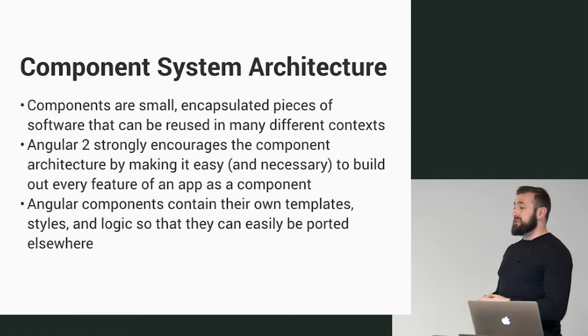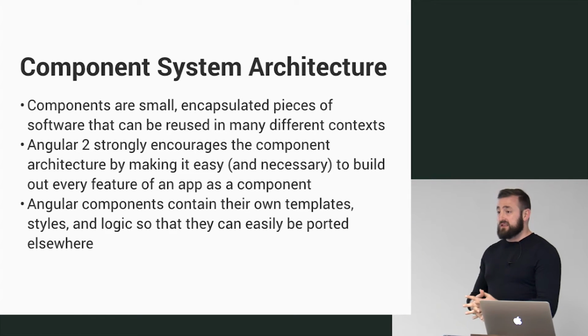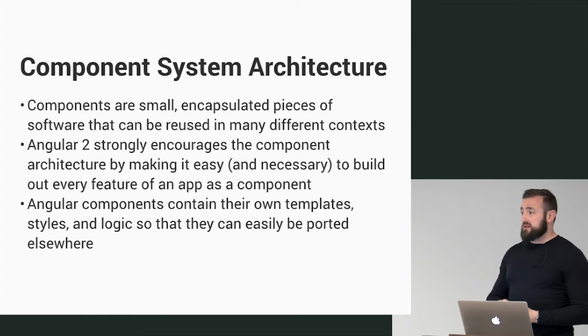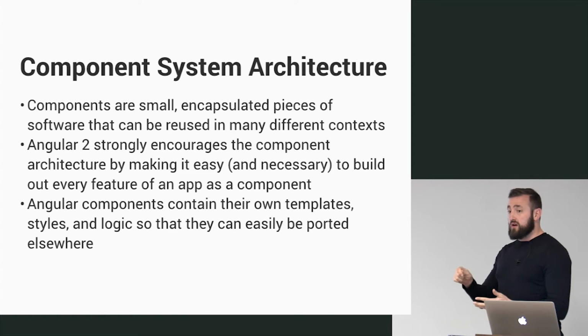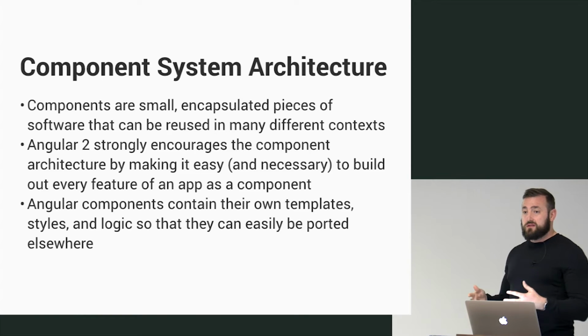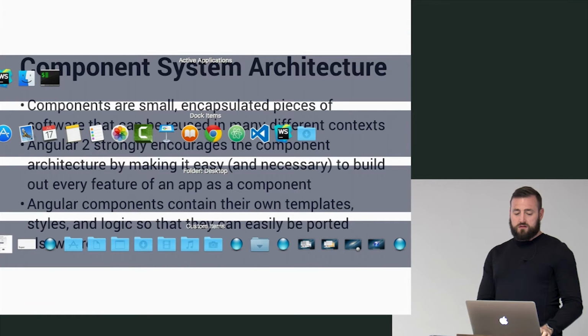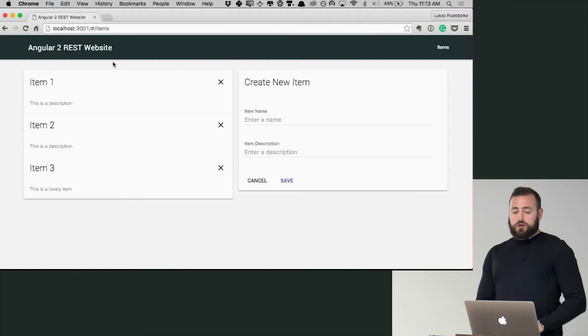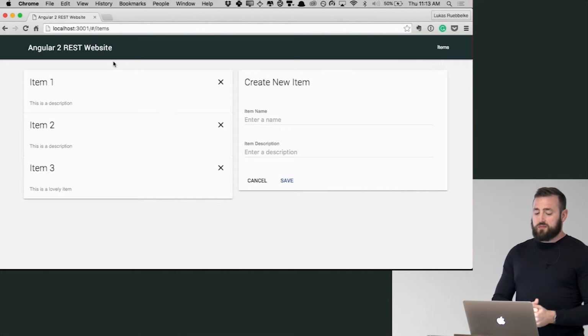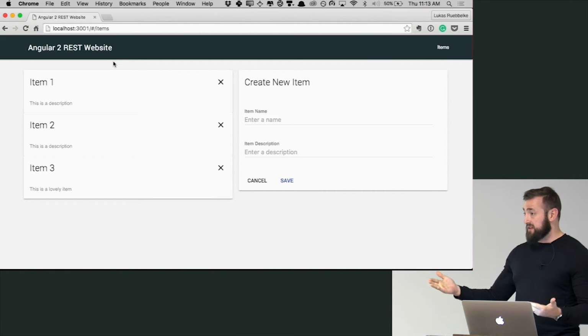A good way that I approach this is, anytime somebody gives me a visual composition of what we want this application to look like, I tend to say, if I have a pencil and I draw boxes around things, that generally is a good candidate for a component. So for instance, if somebody showed me a picture of this, off the top of my head I'd say, okay, we have this header that could be a component.